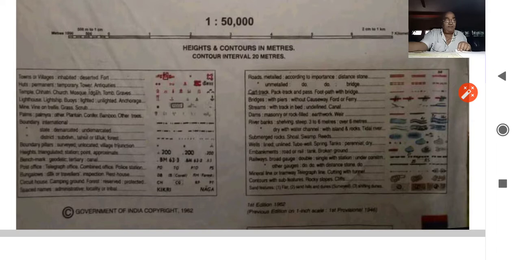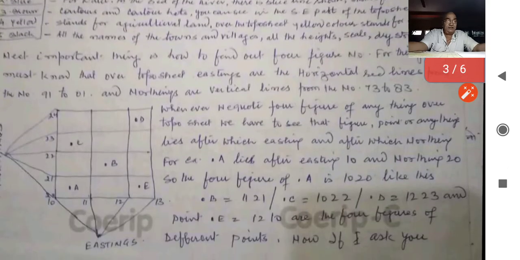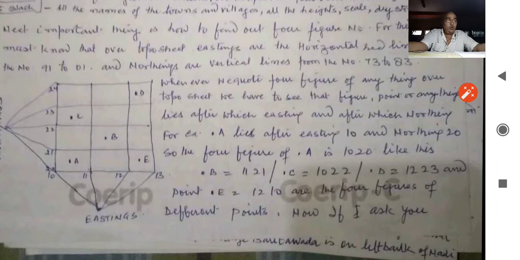Now the next important thing is how to find out 4-figure number. For this, you must know that over the topo sheet, eastings are horizontal red lines and northings are vertical lines from number 73 to 83.